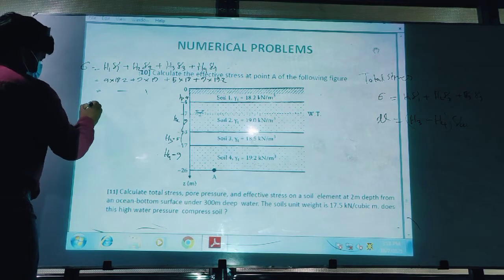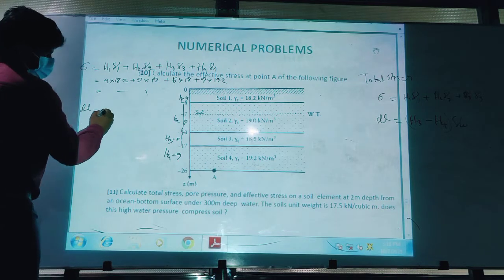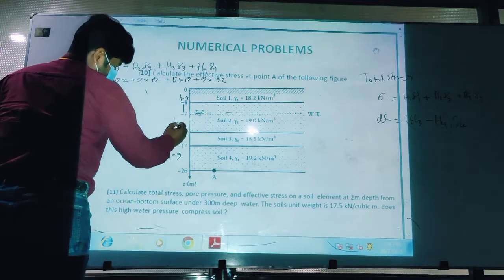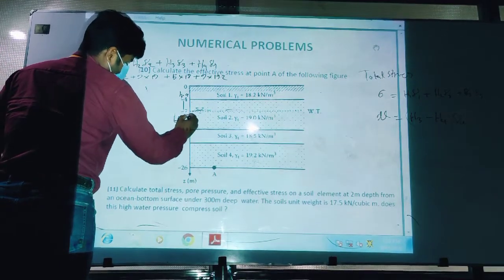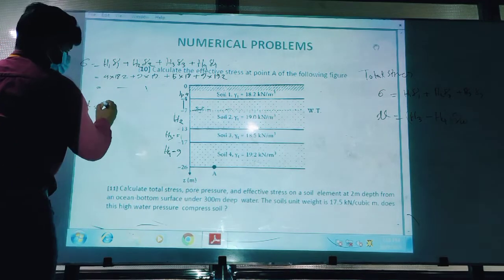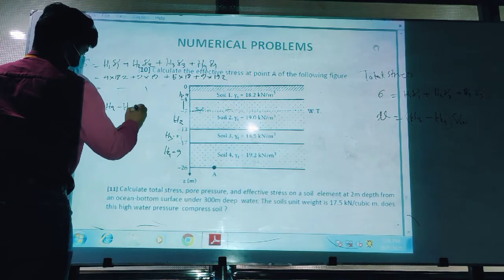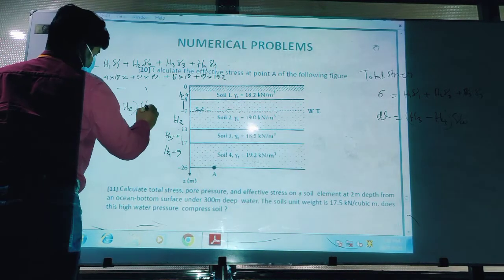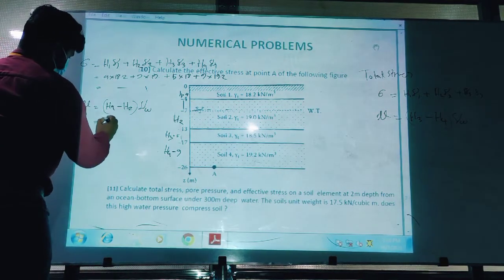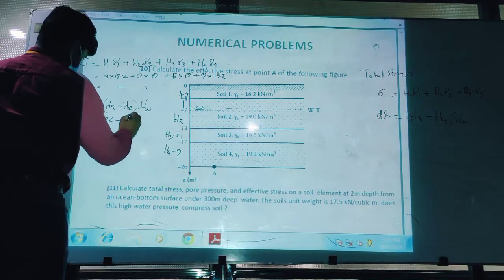Support pressure sigma equals, the water surface is here, H2 is equal to H4 minus H2, gamma H4 is 6 minus H7.